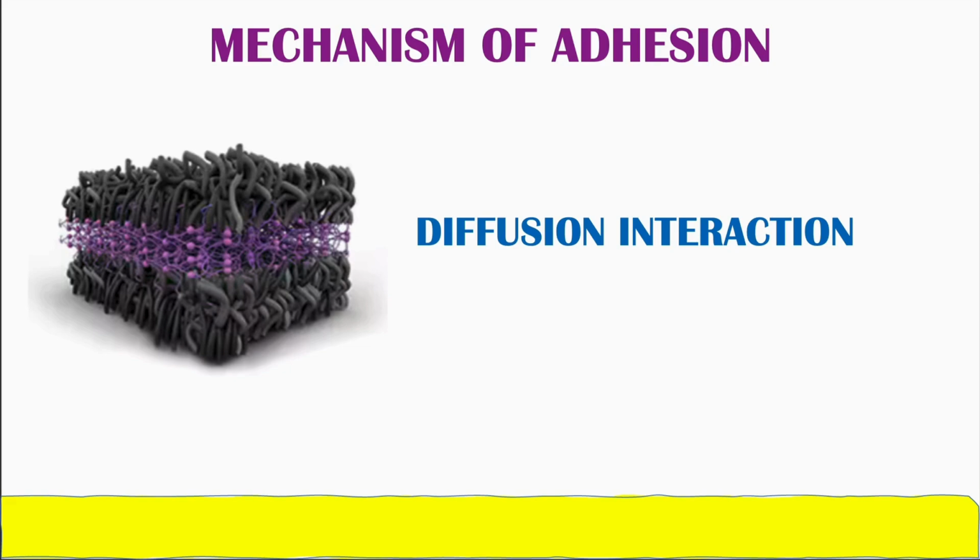For example, this theory is applicable primarily to the solvent or heat welding of thermoplastic substrates. There you can find diffusion interaction, wherein the creeping of the polymer molecules and their entanglement together can be seen and plays a major role in the adhesion process.